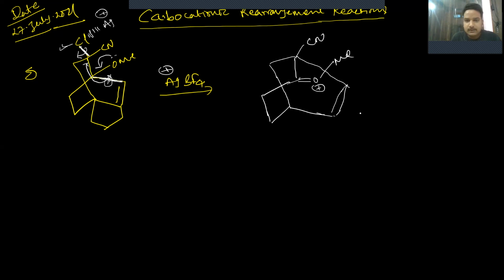Now what happened here? If we provide hydrolysis of this molecule, oh sorry, I forgot this part also. So if I provide hydrolysis, then what will happen? After the hydrolysis, H2O can come here and it can go like this.